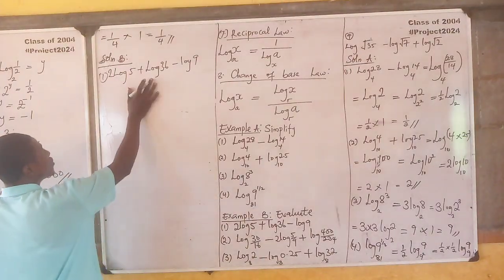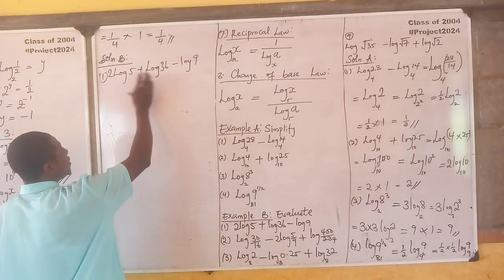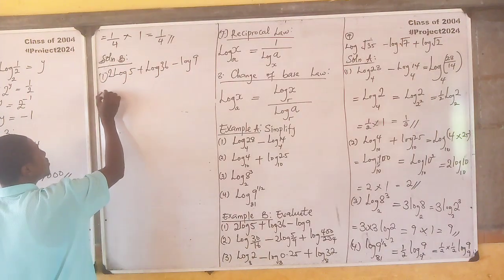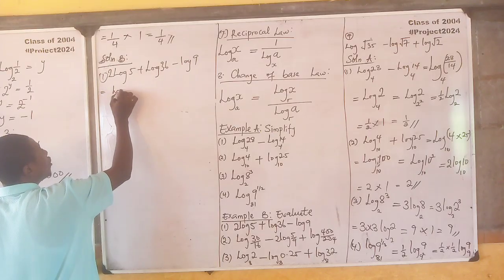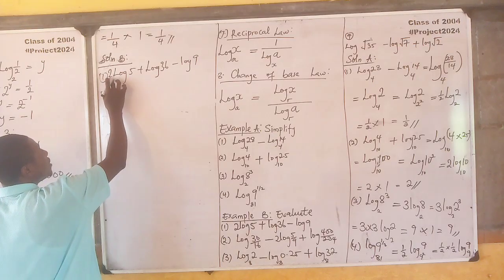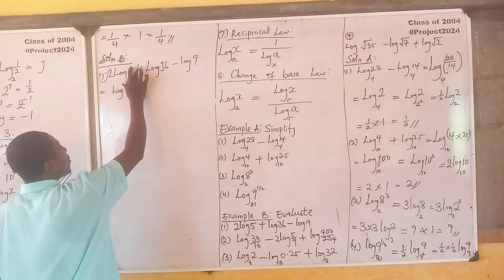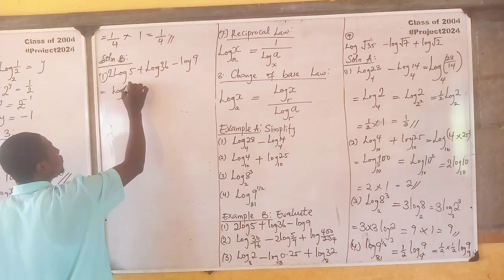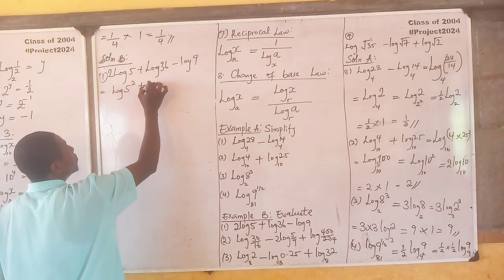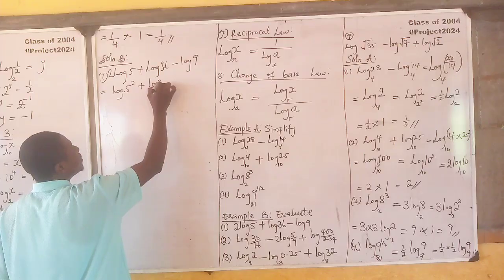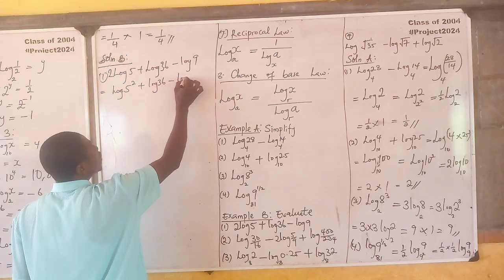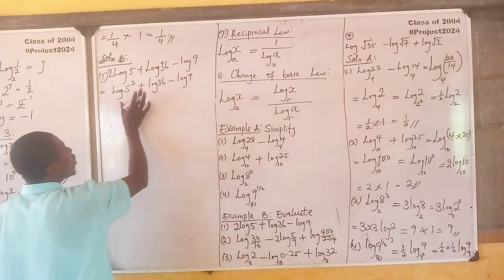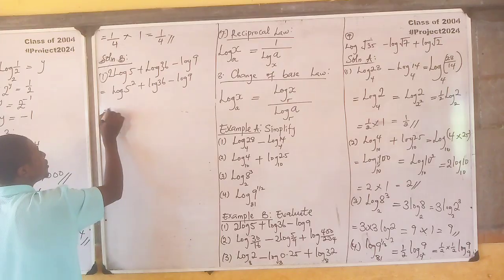So okay, let's stop now. Two things are combined here. First of all, this is going to be equal to log of, when something is here and you are taking it back, it becomes the power of 5. So 5 raised to the power of 2, then plus log of 36 minus log of 9. We are going to apply the laws, both addition and subtraction.